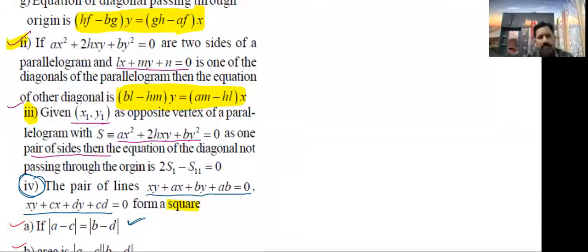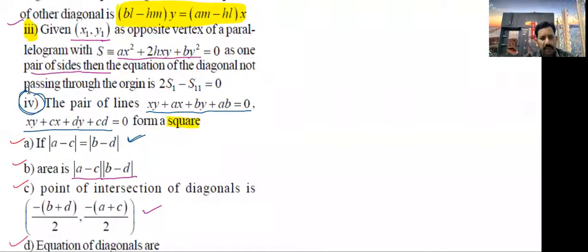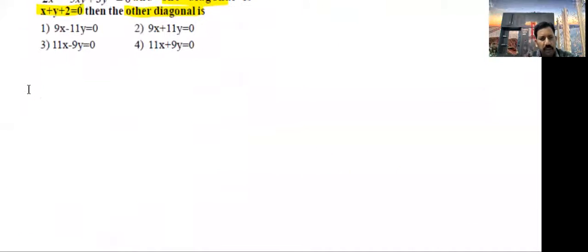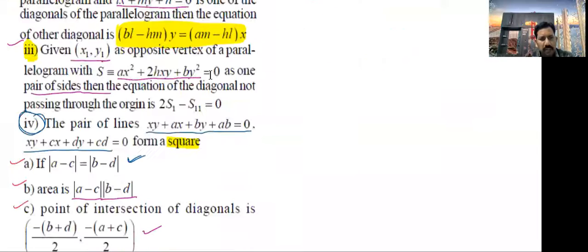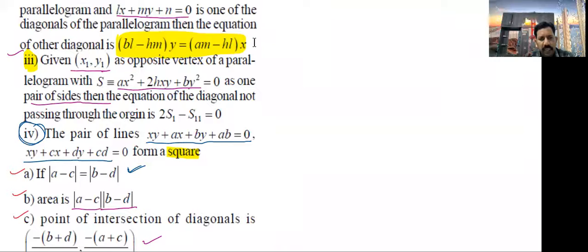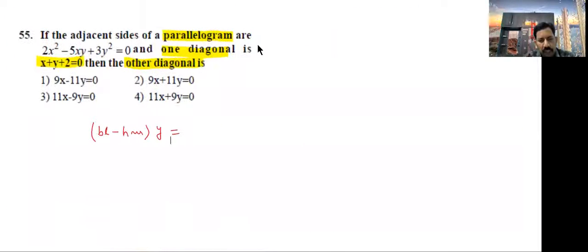Then the equation of the other diagonal is (bl - hm)y = (am - hl)x. This is the shortcut formula.